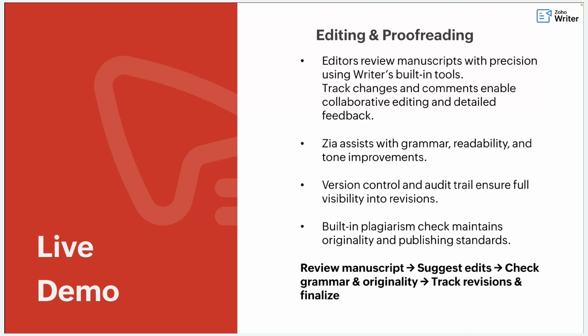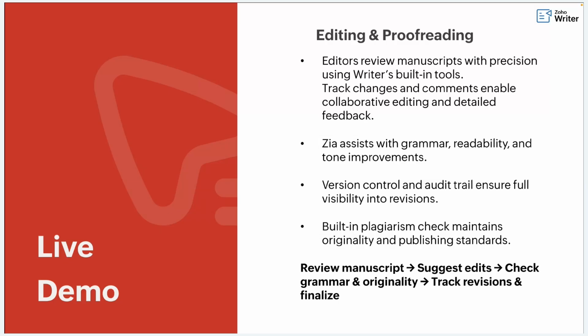Plus, we have version control and audit trail, so teams can easily compare drafts, restore earlier versions, or see who made which change. And for publishing houses, plagiarism check is a major plus, which helps maintain originality before the content goes to print. That really sounds powerful, Gautam.